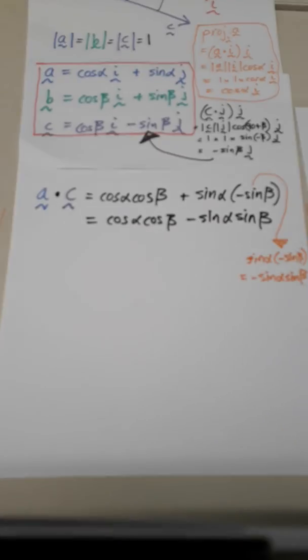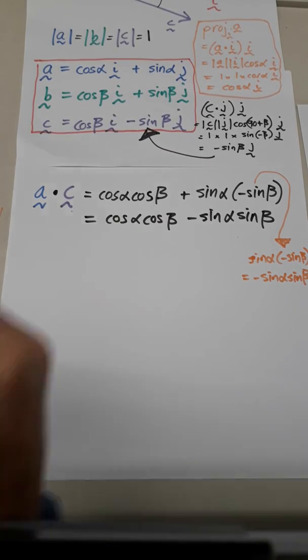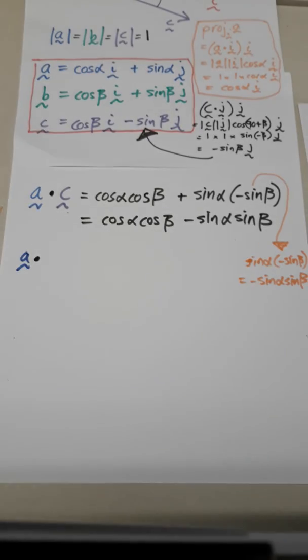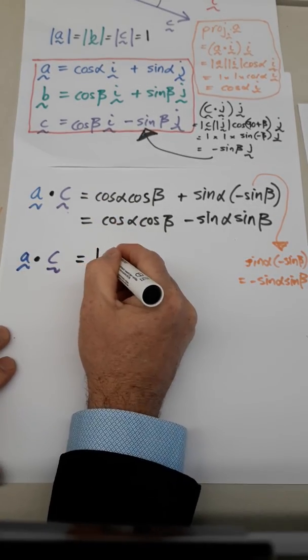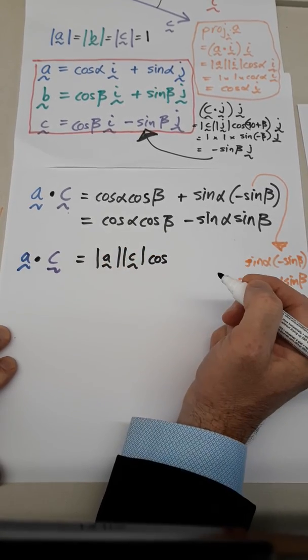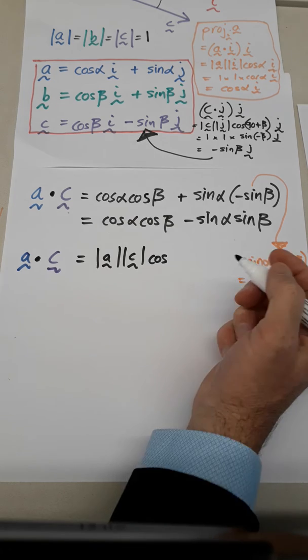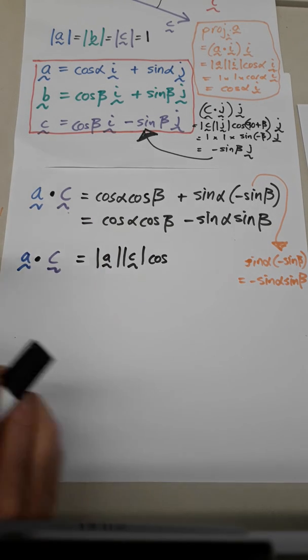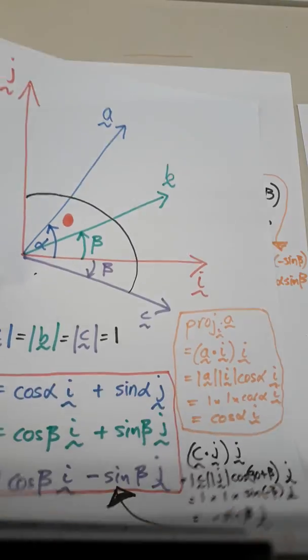All right, there is another way of looking at A dot C, and that's in terms of the magnitudes and the angles between them rather than in terms of the components. So if I look at the product of the magnitudes times cos of the angle between A and C. Well, let's just look at our diagram again.